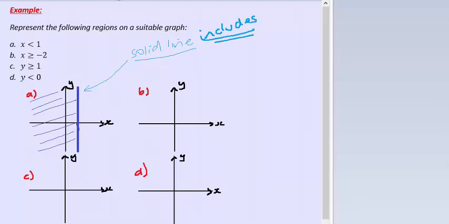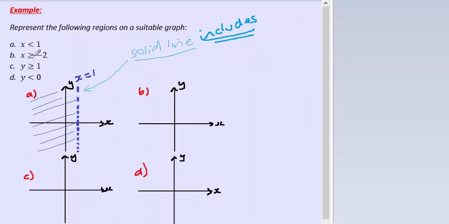This doesn't include this area. So what that means is that I need now to rub out part of it to make this a dotted line.